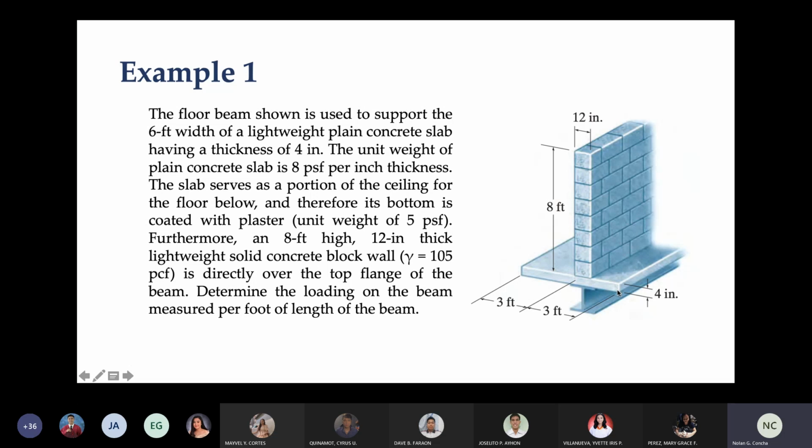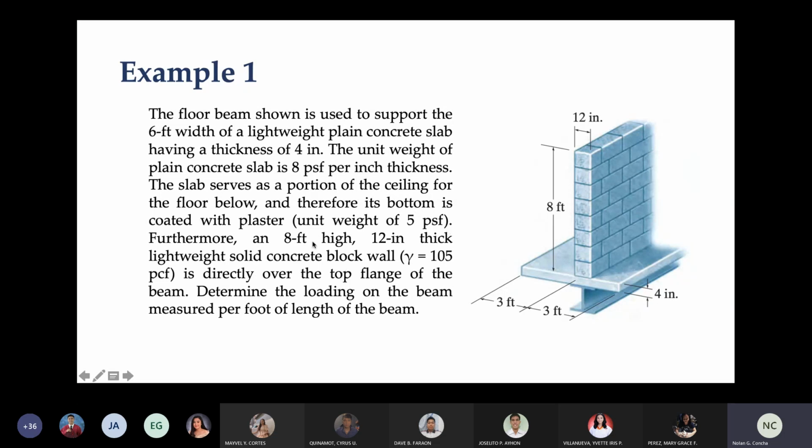So bawat inch ng thickness ng slab, the weight is 8 pounds per square foot. The slab serves as a partition or ceiling for the floor below, and therefore its bottom is coated with plaster. And the unit weight of the plaster is 5 pounds per square foot.